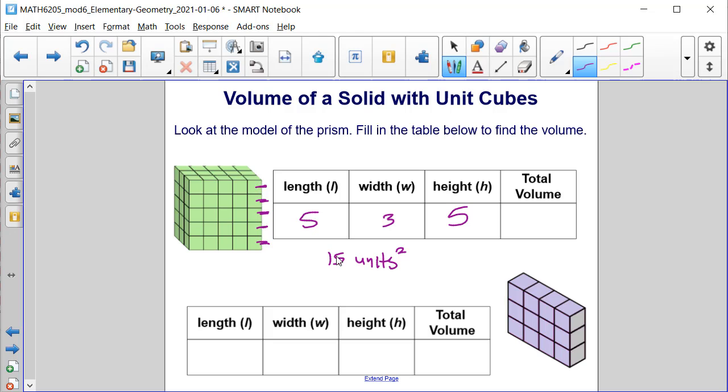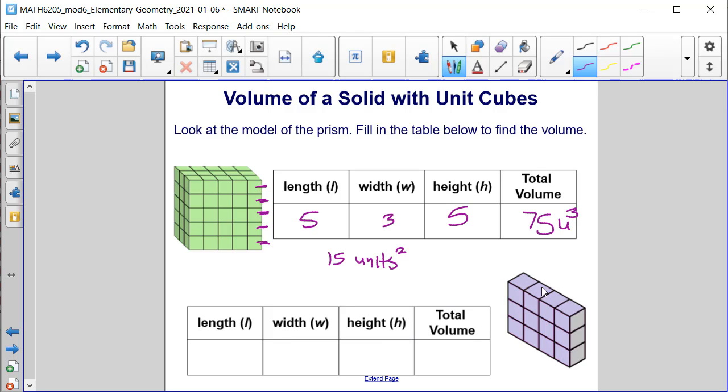So if we take the area of our base, which is 15 square units, and multiply it by our height, which is 5 units, it will give us the total volume. And 15 times 5 is 75 cubic units.